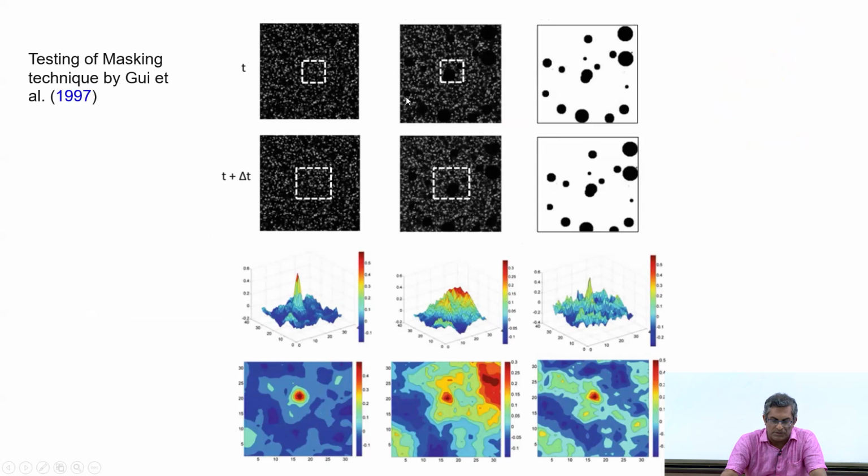For example, here you see this image, where these particles appear and we have filtered them out, and in this case a mask is created, and this mask is used during the PIV image processing to improve accuracy. We are not going into detail, I thought I will just show you how this is done.